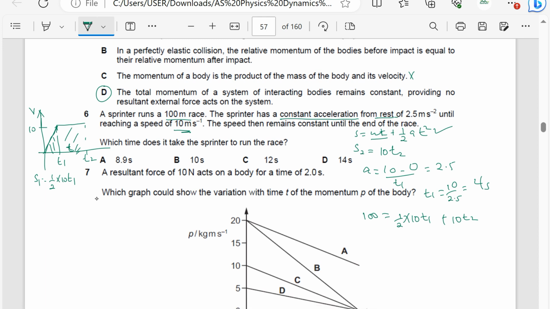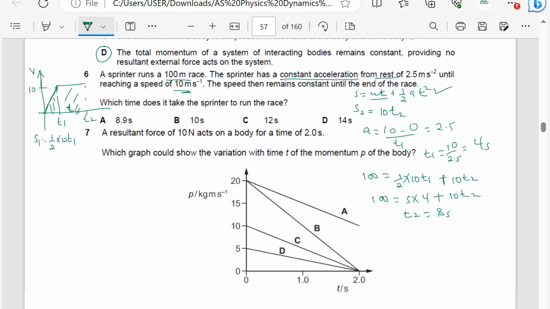So we only remain with the t2. I'm just substituting: 100 is equal to 5 times t1, which is 4, plus 10 t2. So this is 100 minus 20, which is 80, divided by 10. So t2 is going to be 8 seconds.